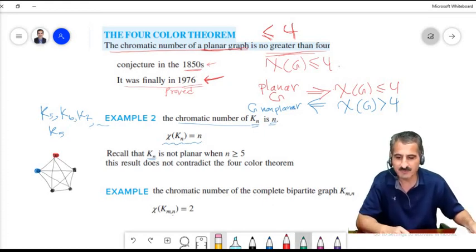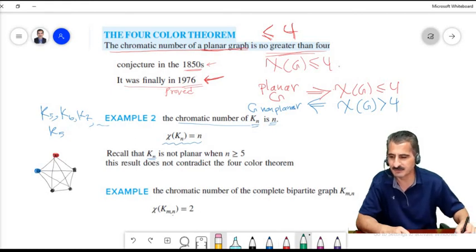So if we want to keep going in coloring, we have to choose a different color for every vertex. Okay, so we need 5 colors, the same number as the vertices.